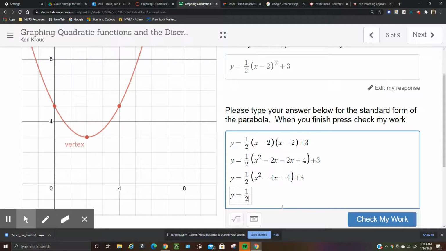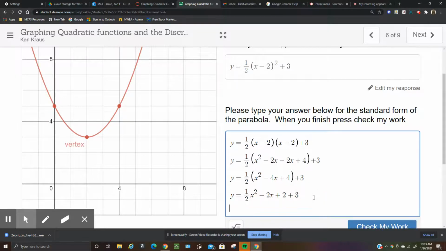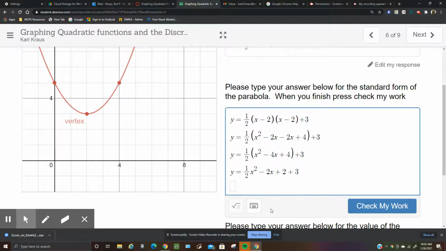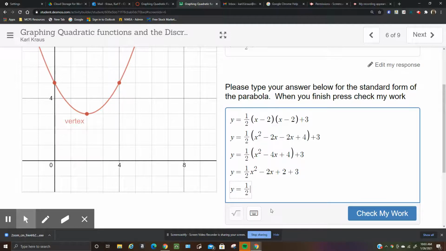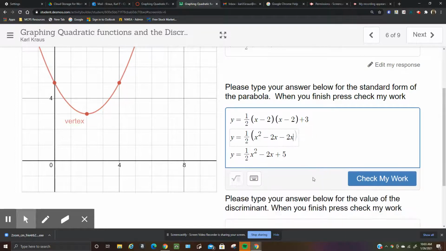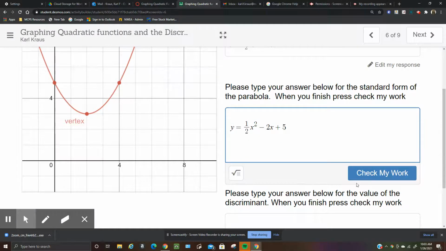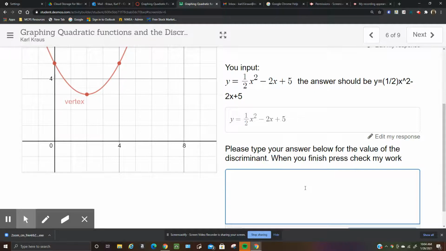Distribute the 1/2. And then finally combine like terms here. So my answer matches the one that should be.